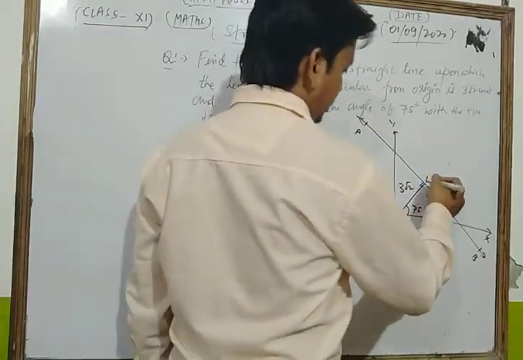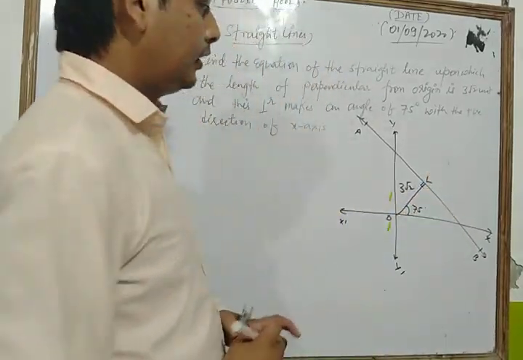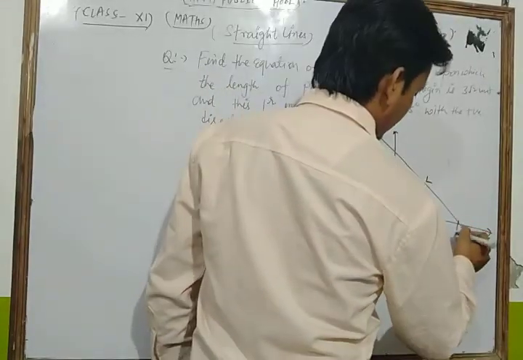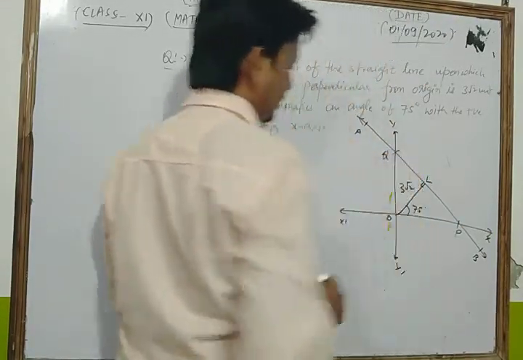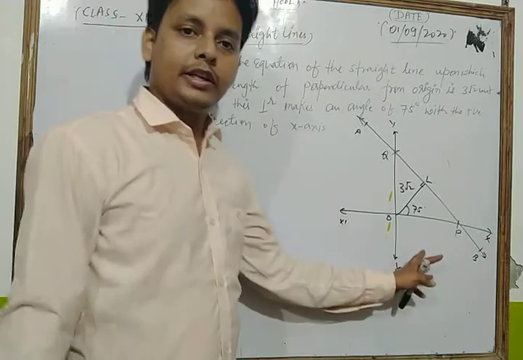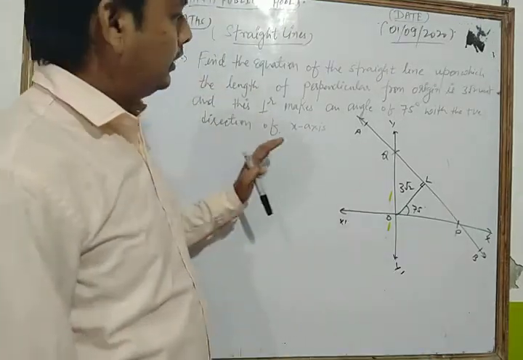So OL is the perpendicular distance, and the points are P and Q respectively.